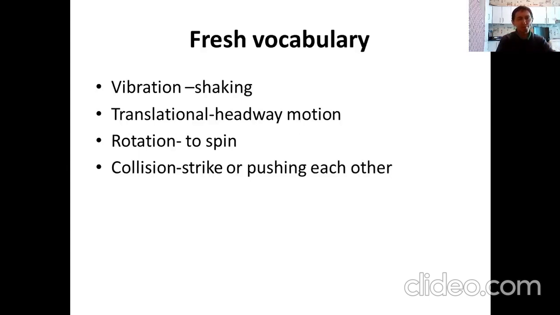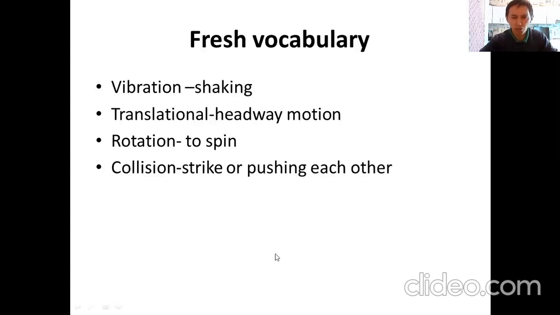Translational motion is motion either forwards or backwards, upwards or downwards, regardless of direction. Rotation means circular motion, whether vertical or horizontal. Collision means striking, like two automobiles in an accident damaging each other by pushing each other. So pay attention to this vocabulary and take it into account to understand this topic.